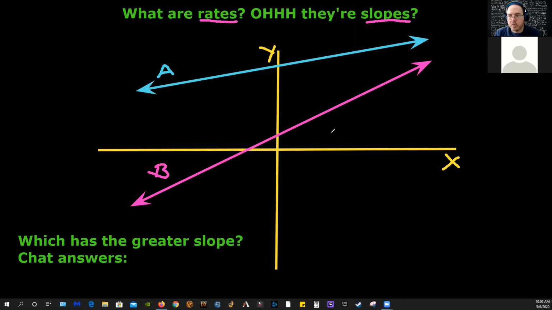What do you think, chat? Which one? A or B? I've got the answer, B, the pink one.